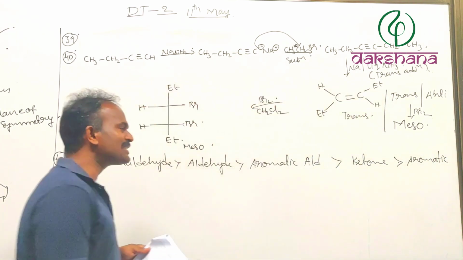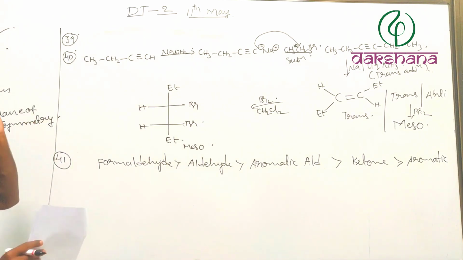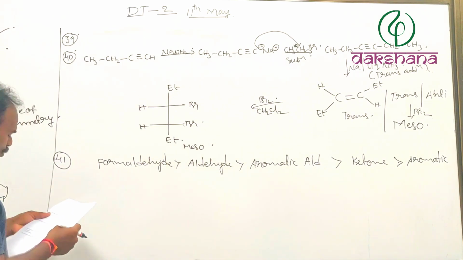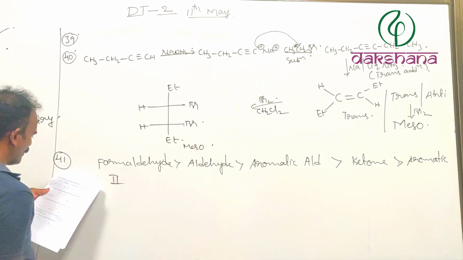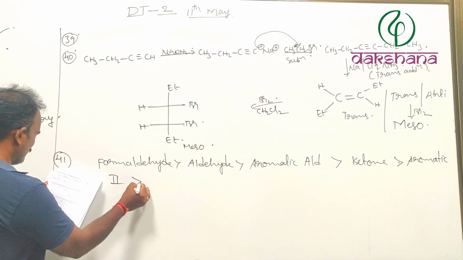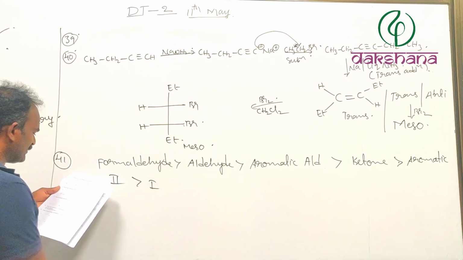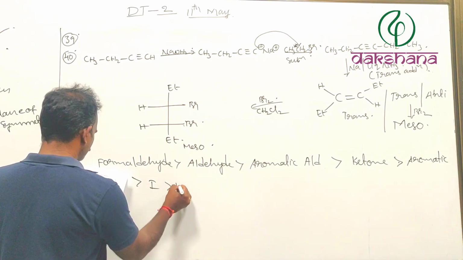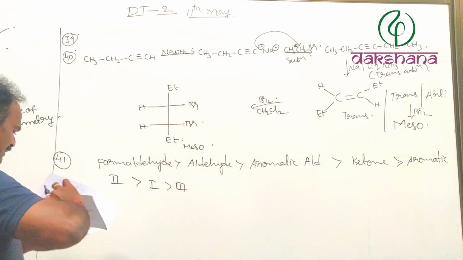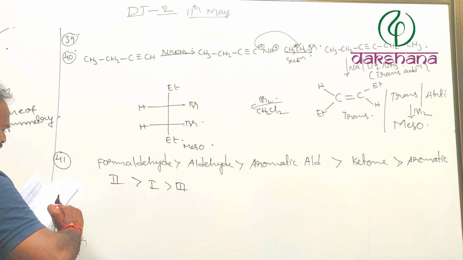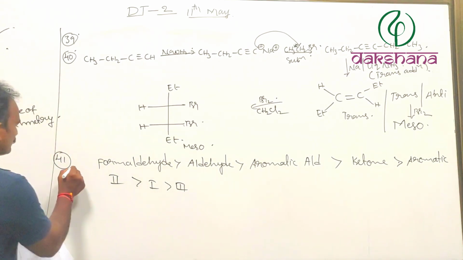Because when aromaticity is there, the ring is also involved in the conjugation. Now, according to this, it is a simple thing. 2 is the formaldehyde, which is greater than 1, then after that 3. Therefore, the option is going to be B. Question number 41, it's going to be B.